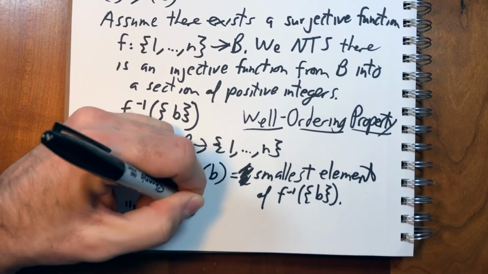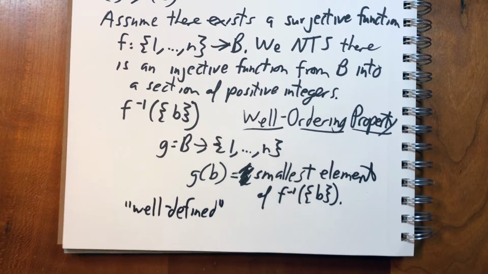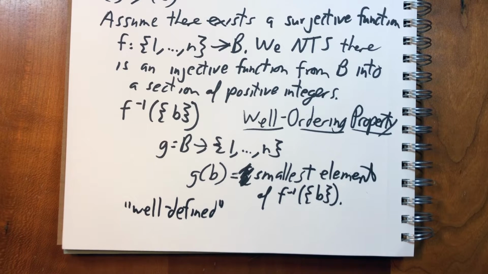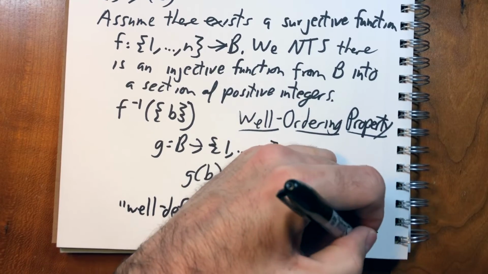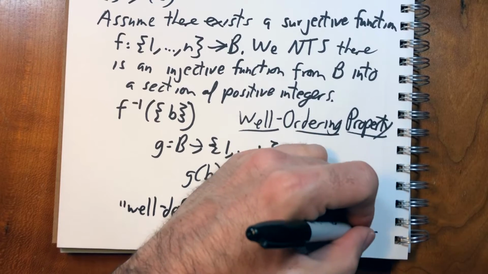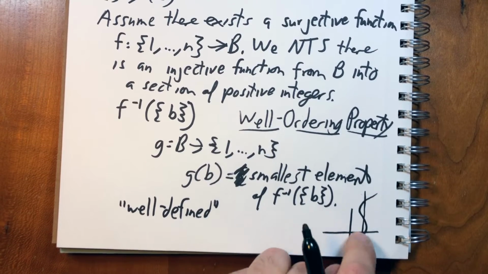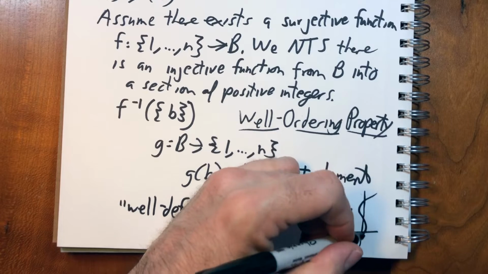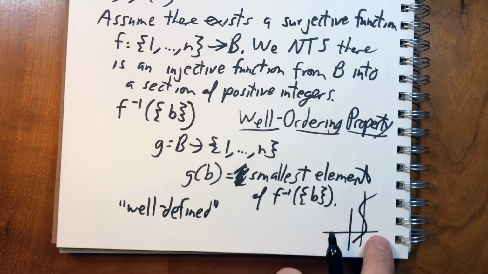We've mentioned well-defined before, but we don't talk about it very much. When we define a function, showing that it's well-defined is something that we always have to do, but it usually goes unsaid. The point is simply the vertical line test, right? If we have a relation that goes like this, it doesn't pass the vertical line test. That means this isn't a function because there are multiple values for a single element in the domain.